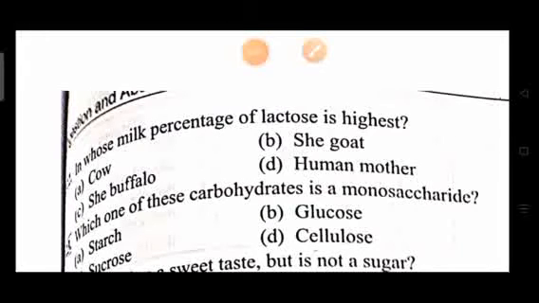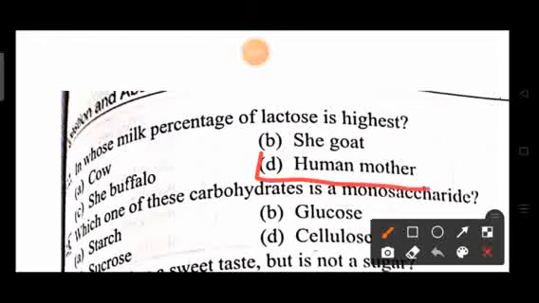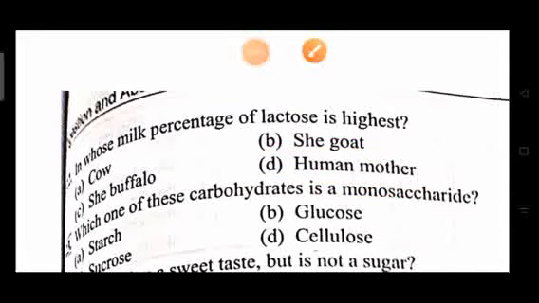Cow, goat, buffalo, human mother. Among all of those, the human mother's milk has the highest lactose percentage. This composition is beneficial for the baby to survive.